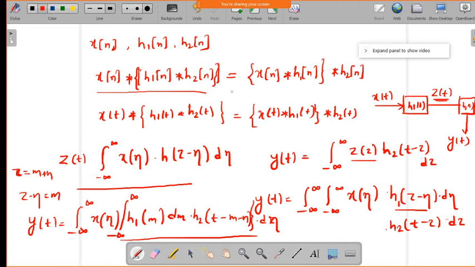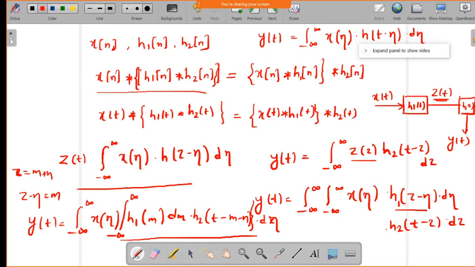So that we can write as y of t equal to the integral from minus infinity to plus infinity of x of eta into, this we can write as the convolution of h1 of t with h2 of t, that is nothing but h of t minus eta, d eta.